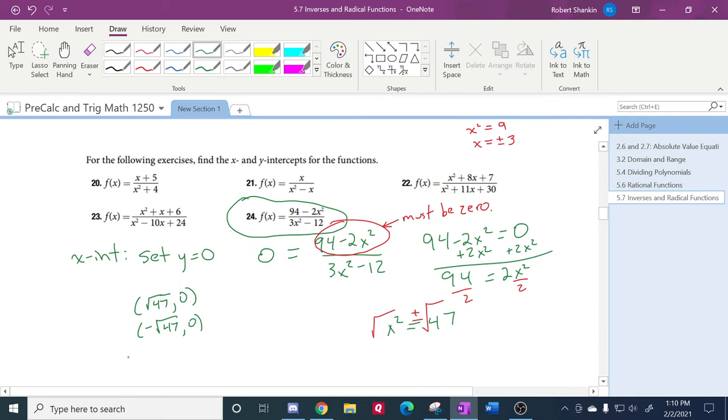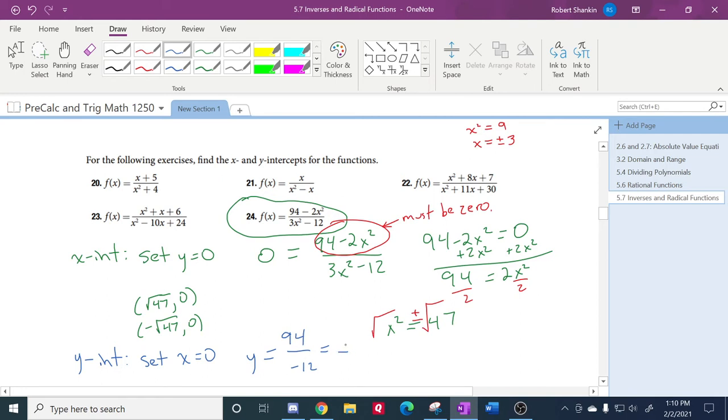And then we do a similar setup for the y-intercept. But this will go quicker. When you set the x equal to 0, it'll just zero out all the terms that contain x. You get 94 over negative 12. And this is a negative answer.